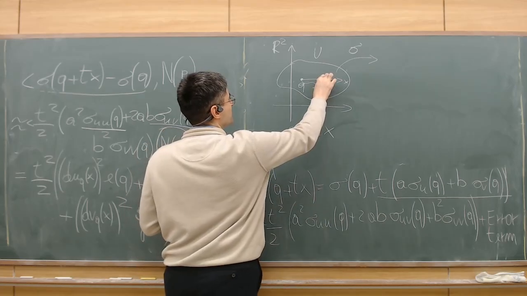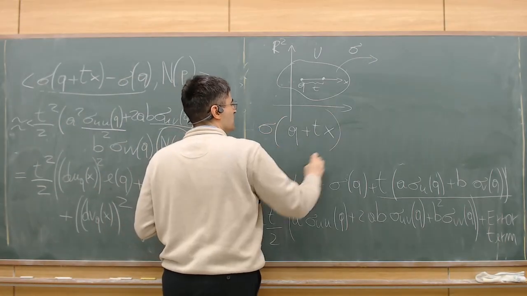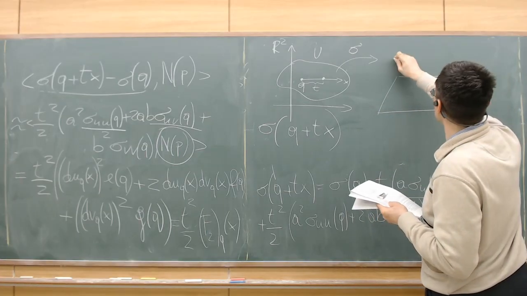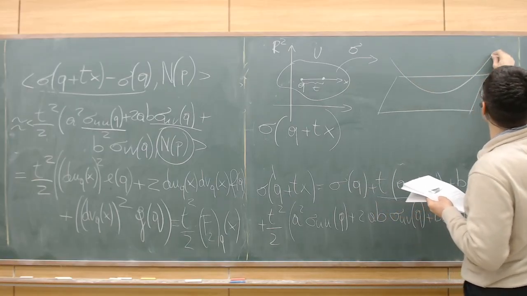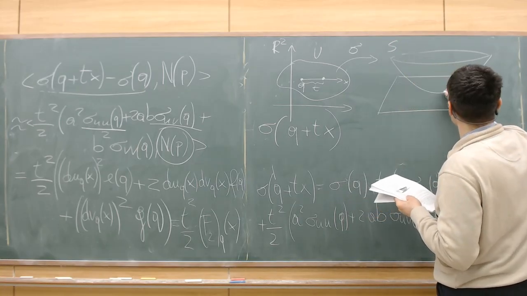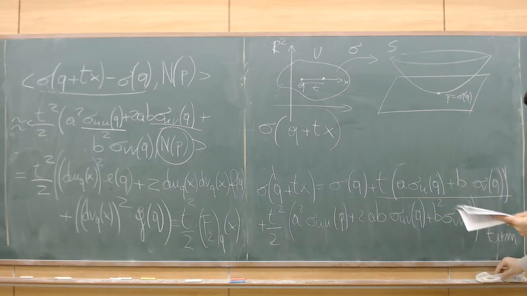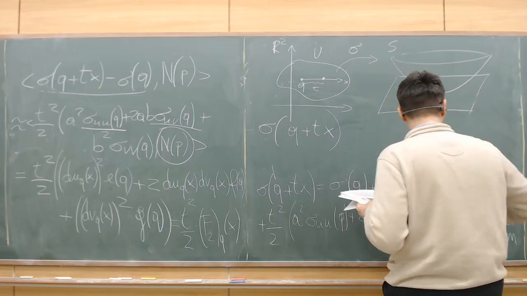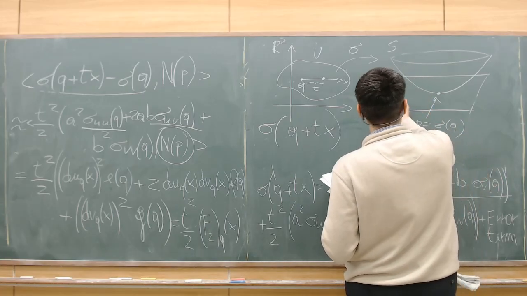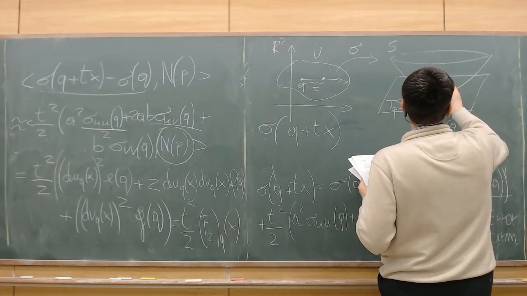Suppose this is the surface S. This is a point P equals sigma Q. This is the tangent plane T_P S. This is the normal vector.